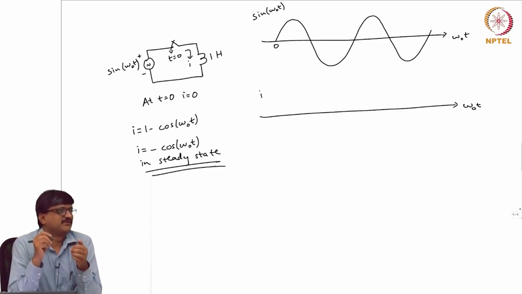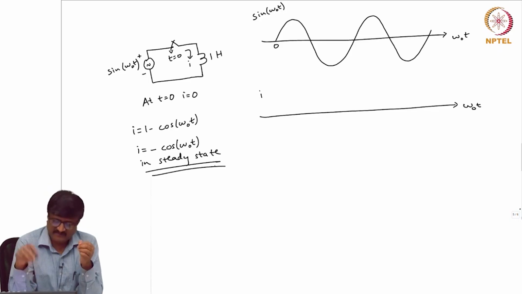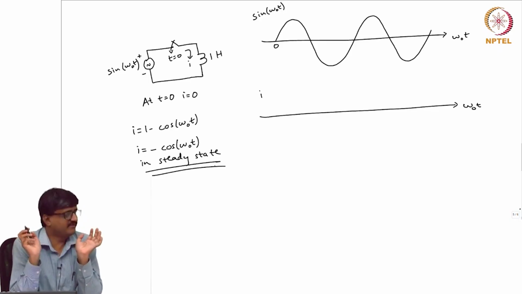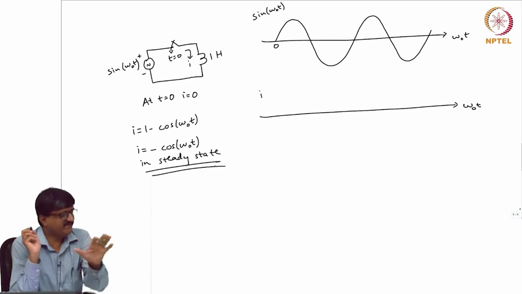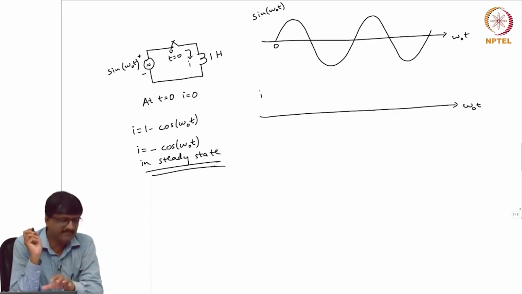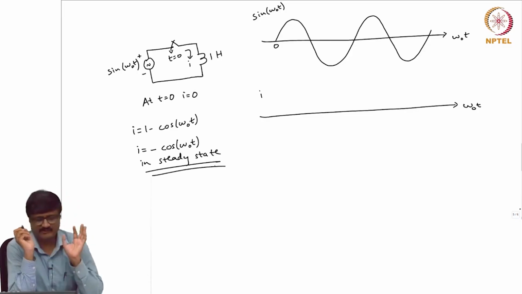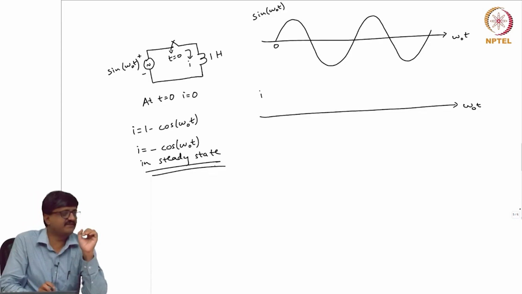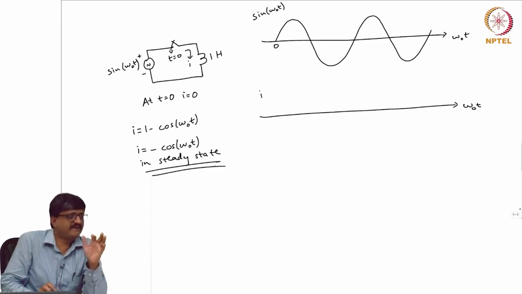Okay. So if I just look at this circuit, the solution is 1 minus cos omega_0 t. But if the circuit represents some physical circuit in practice, then it's an approximation. So we are not worried. To start with, we may study some circuits by themselves.